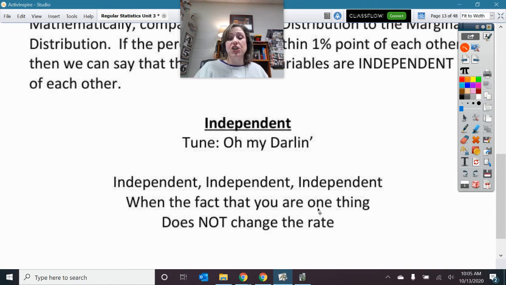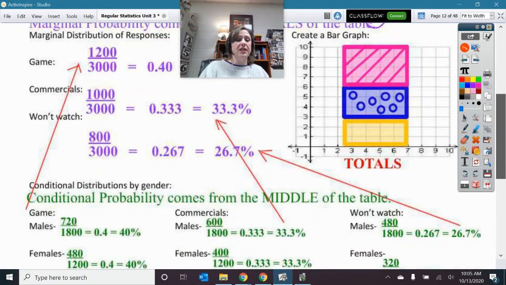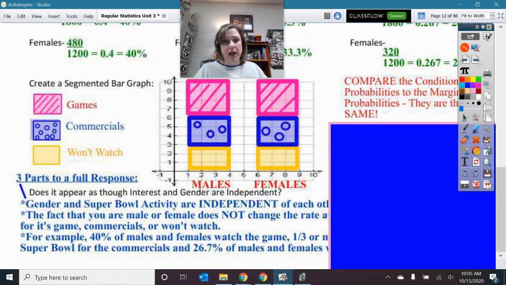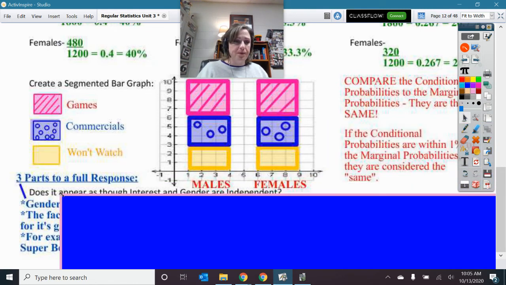When the fact that you are one thing does not change the rate. So if the rates do not change, they are not affecting each other, then they are independent. When the fact that you are male or female does not change the rate at which you watch your Super Bowl activity or whatever it is that you are doing.